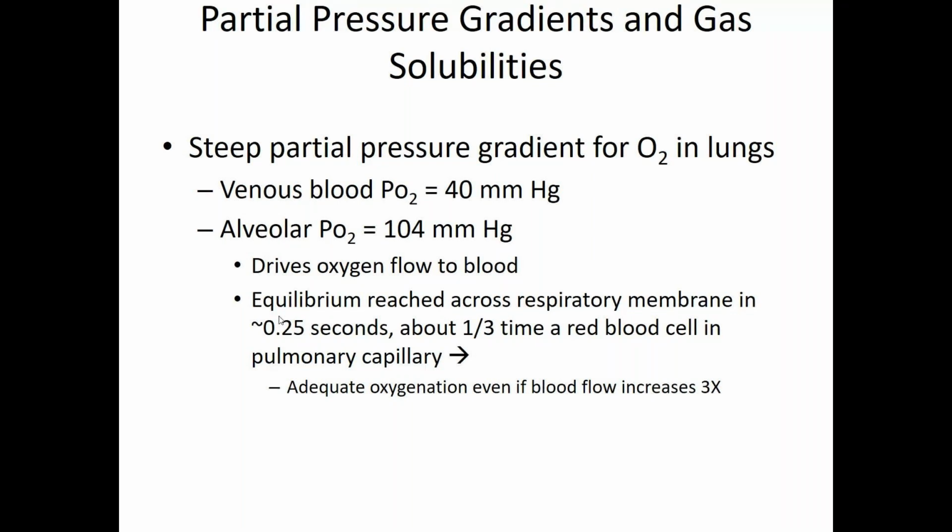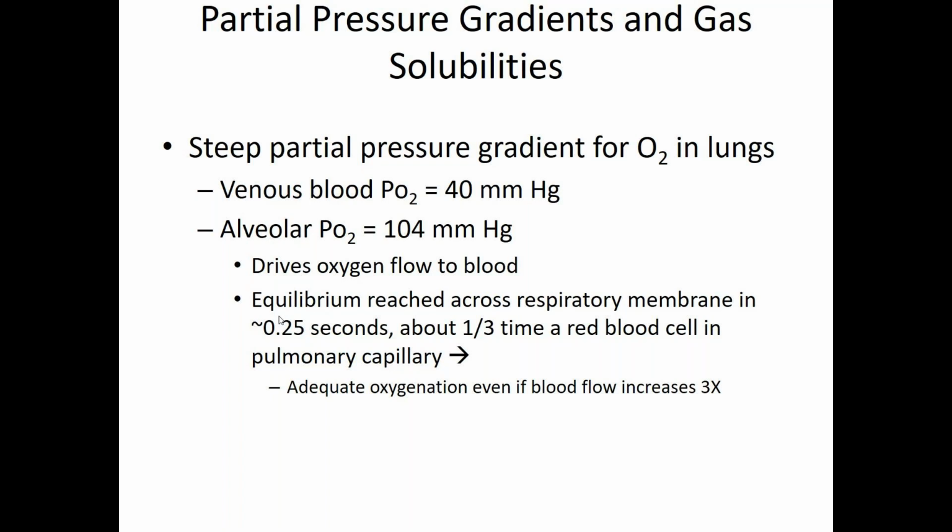Even though it's less than the atmospheric air, alveolar partial pressure of oxygen is about 104 millimeters mercury. So that's a big gradient, and that's really going to force oxygen into the blood fairly rapidly. We basically bring our blood partial pressure up to meet the alveolar partial pressure in about a quarter of a second. Just pretty good.